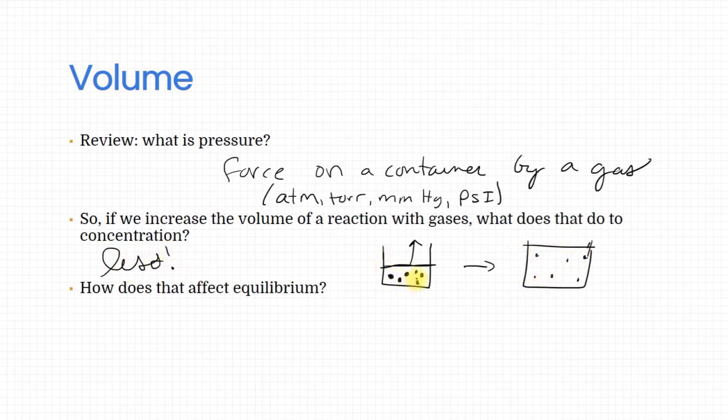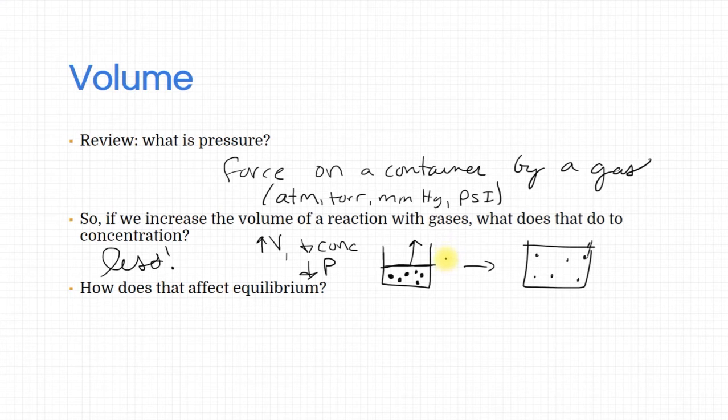It's like if anybody has a sibling, this is like sharing a bedroom, and then suddenly we move to a bigger house and everybody's got space. That's nice, right? So increasing the volume decreases concentration, and it also decreases the pressure because now there's much more space. You're not under so much stress when you get a bigger house, and you don't have to share your room with your sister.